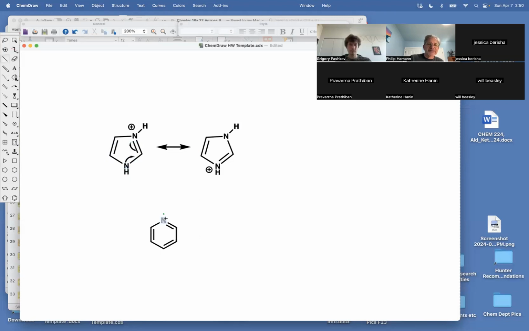This certainly can be protonated. I mean, PCC, the reagent for oxidation, has pyridinium in it. This is pyridinium, okay? So there is no resonance structure here that helps carry that positive charge. But in a 5-member ring, in imidazole specifically, that does exist.